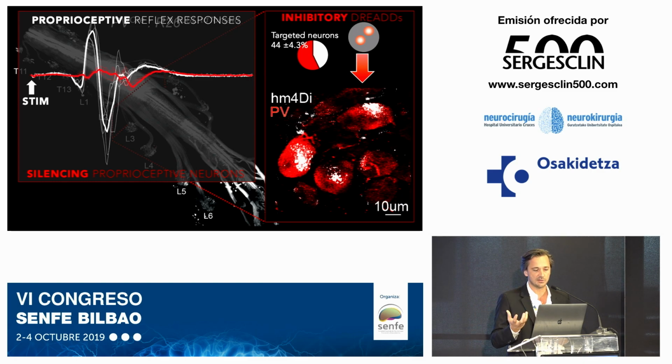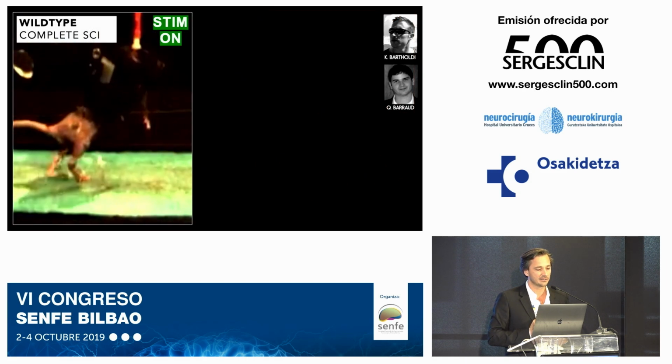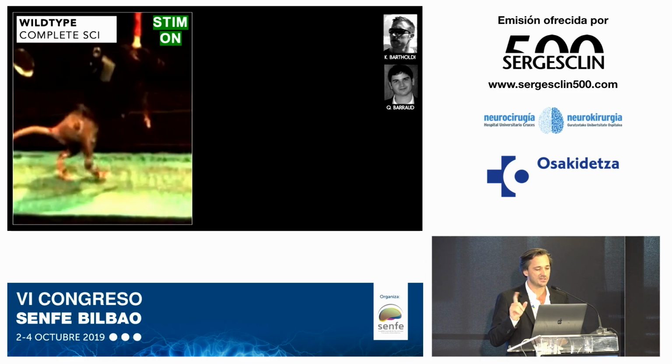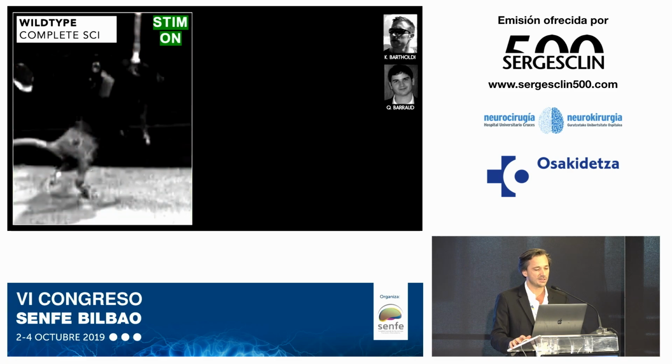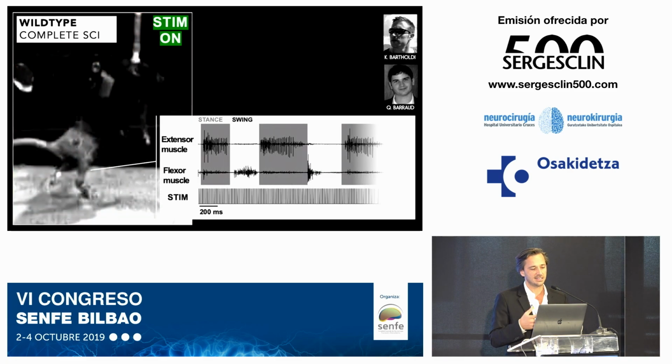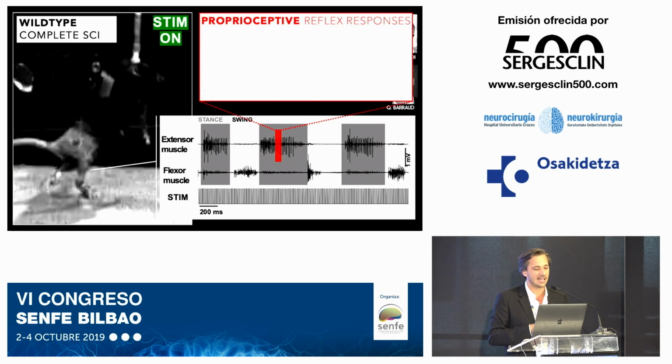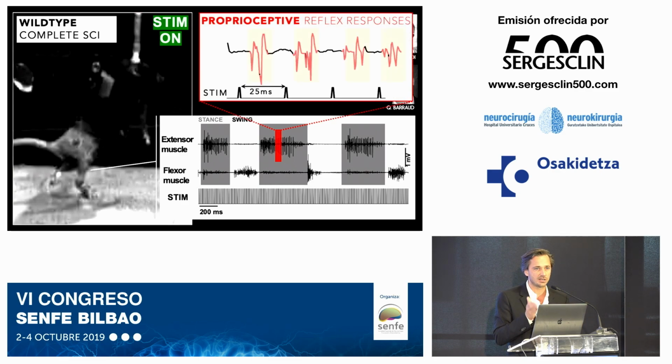So this is really the pathway that we are utilizing. And then how does it work? Well, if you look during walking, this is a wild-type animal with a stimulation. She's walking continuously. And if you look within the muscle activity, you will see that there's a succession of extensor burst in stance, flexor burst in swing. If I zoom in within this burst, you will see that they are elaborated with a succession of these reflex responses, which are locked to each pulse of stimulation.